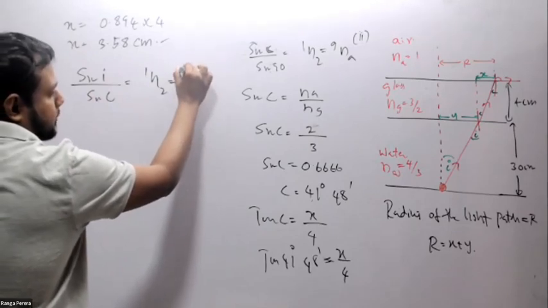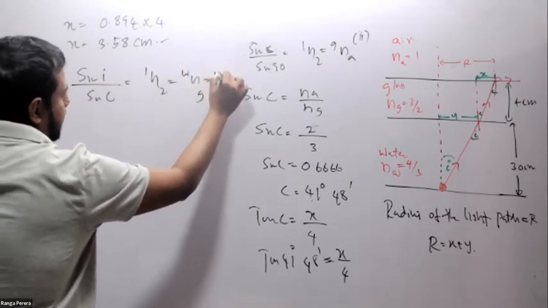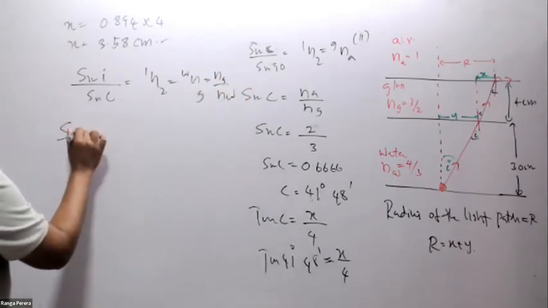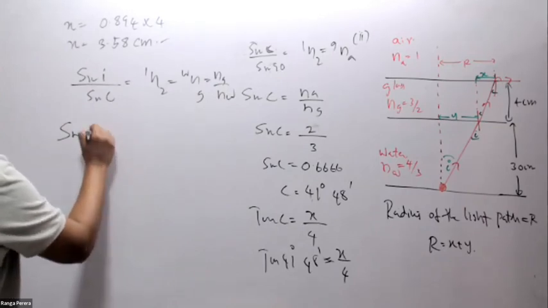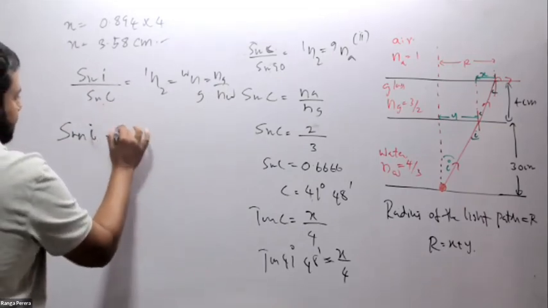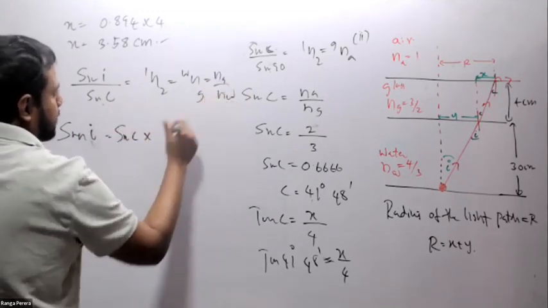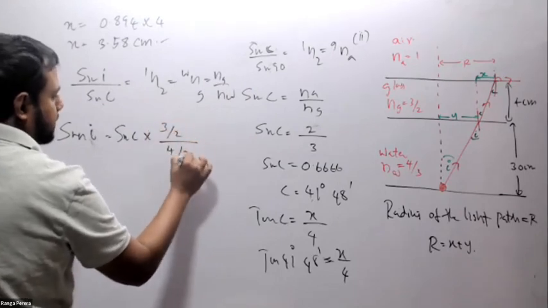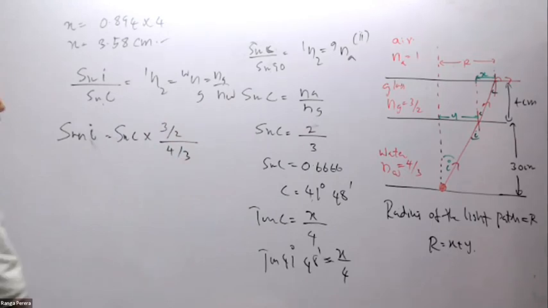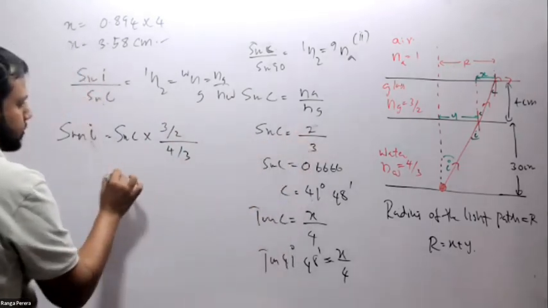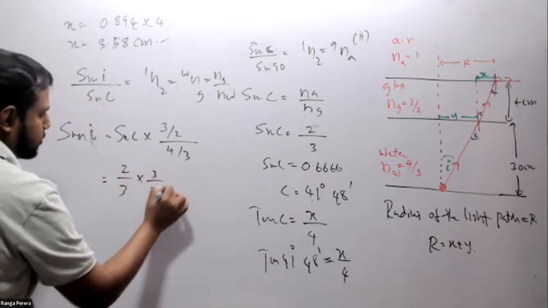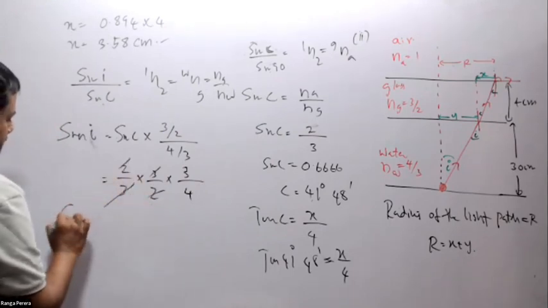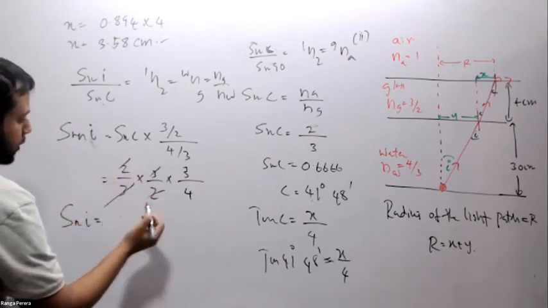In this case, it is water to glass, so NG over NW. Sin I over sin C equals NG over NW, which is 3 by 2 over 4 by 3. Sin C we know is 2 by 3, so I use 2 by 3, 3 by 2, 4 by 3, and the 3s and 2s cancel. Sin I equals 0.75.